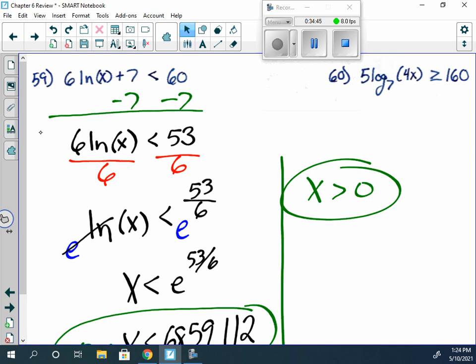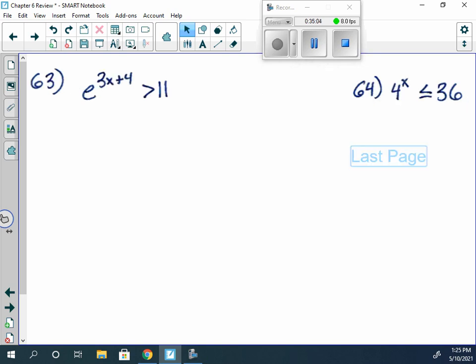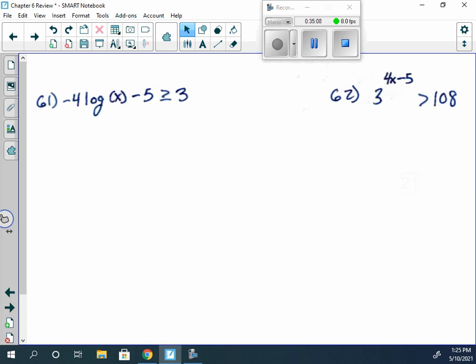Are we good to move on to the exponential inequalities? Questions on 62, 63, or 64? 62, 63, or 64. 63.